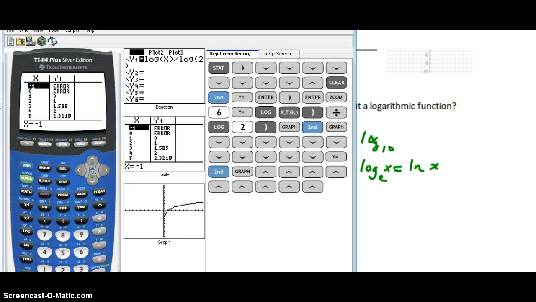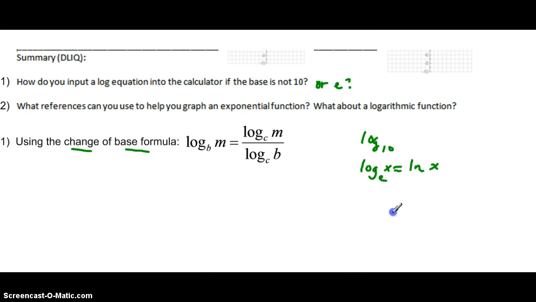Pull your calculator up and notice how I changed my log base 2. Let's write that here. The one we just graphed, log base 2 of x, and I'm going to put it in the calculator using this formula, log base 10 of x. We don't have to write the 10.